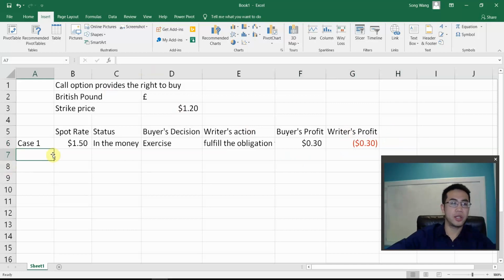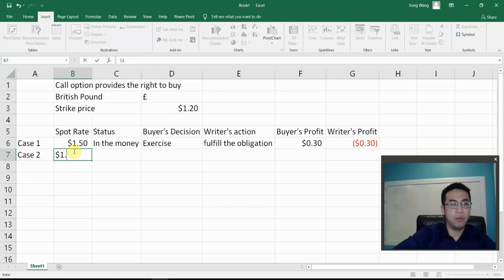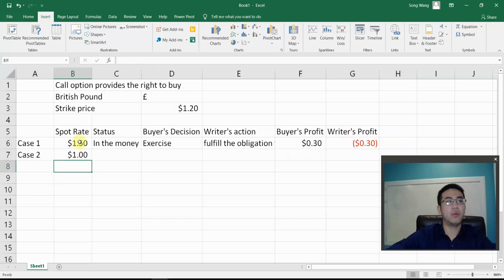So that's one case. And another case, case 2, if the spot rate tends to be 1.0, what do we call this status? If the option is exercised, then the buyers would be losing money. The buyer would need to pay 1.2 for the strike when the British pound is only worth $1, so they will not make any money.